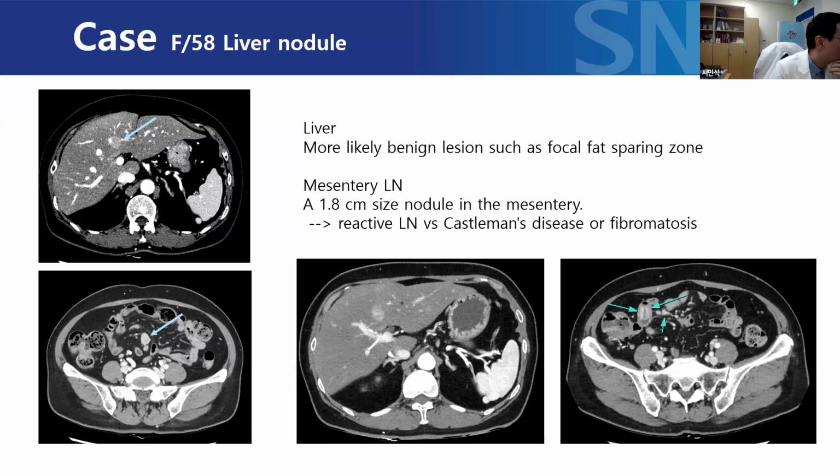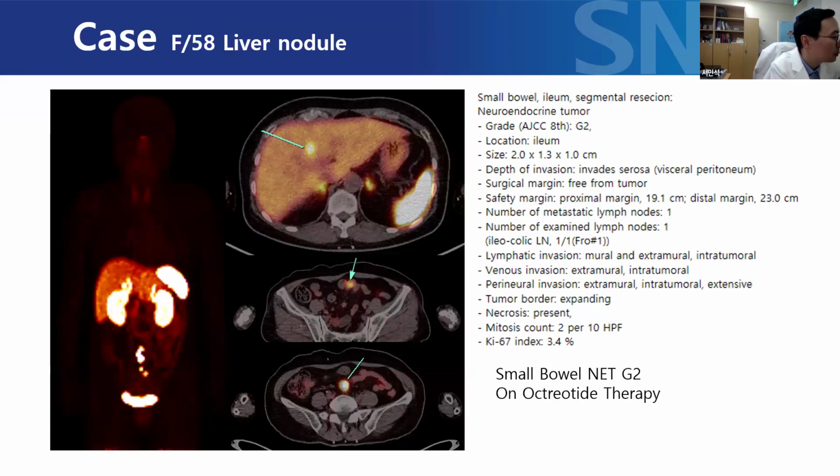For further workup, DOTATOC PET was done. As you can see from the image, there is intense uptake in the mesenteric mass and also multiple liver lesions. Importantly, we can also see somatostatin receptor uptake in the small intestine.